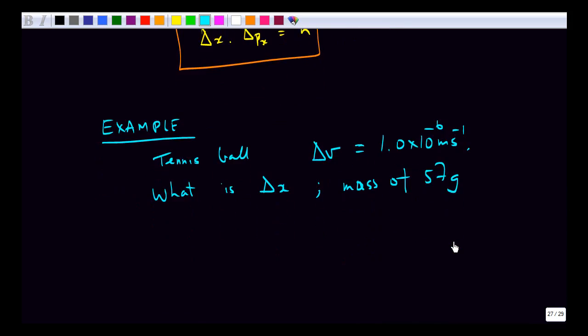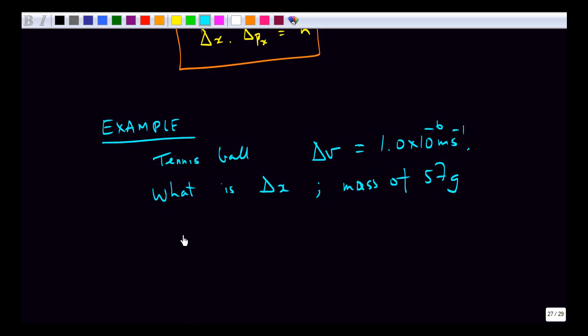So the first thing we've got to do is work out the momentum, or the uncertainty in the momentum. We know the uncertainty in velocity, and we know the mass, so the mass times that uncertainty in velocity is going to give us the uncertainty in momentum.